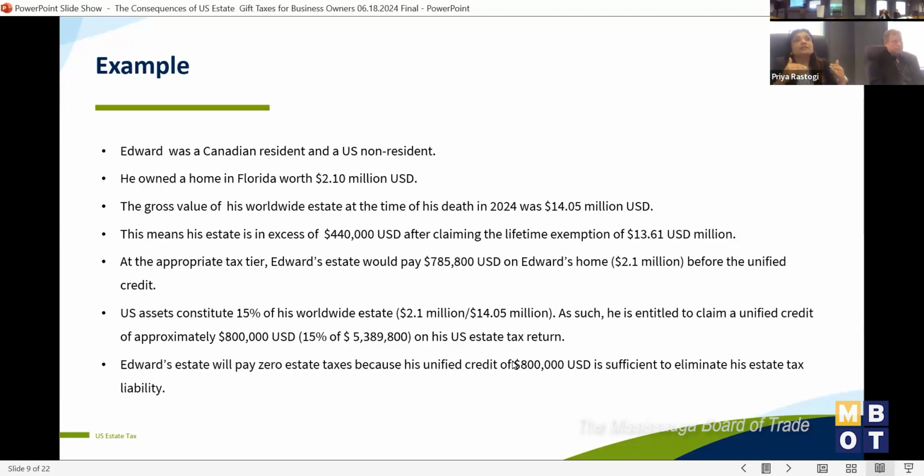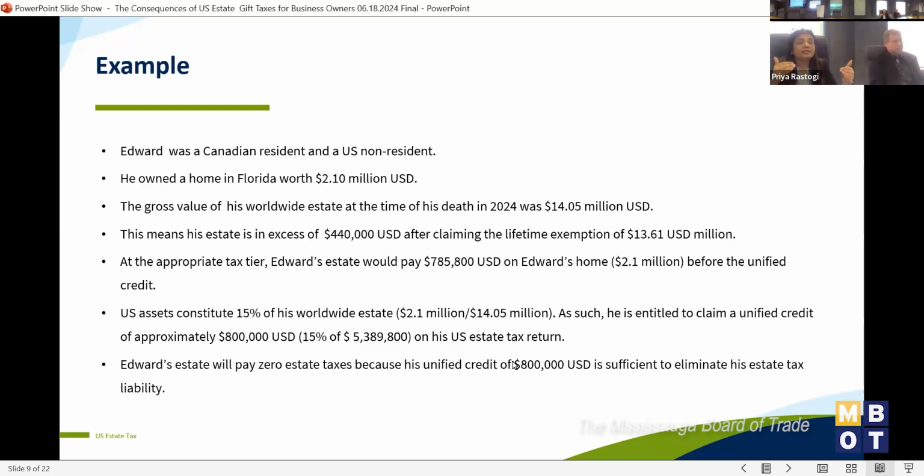We know the estate would pay tax of $785,800, and he's able to claim an exemption up to $800,000. So Edward's estate will pay zero tax, because his unified tax credit is more than sufficient to eliminate his US estate tax.